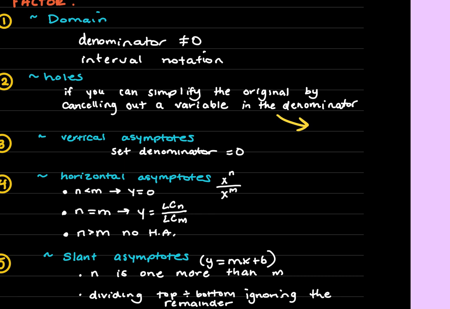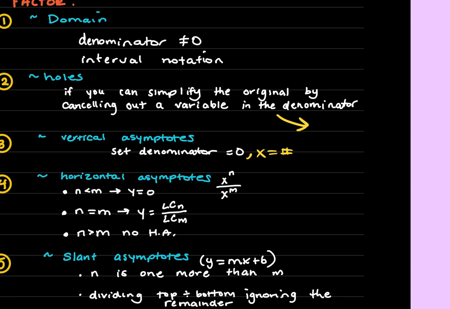If there is no hole, or even if there is a hole but there's still something left in the denominator, then there's a vertical asymptote, and you would set the denominator equal to 0. This is an x equals a number. It has to be an equation. The horizontal asymptotes, you're looking for the highest exponent in the top, highest exponent in the bottom. If the top is less than the bottom, then my horizontal asymptote is y equals 0.